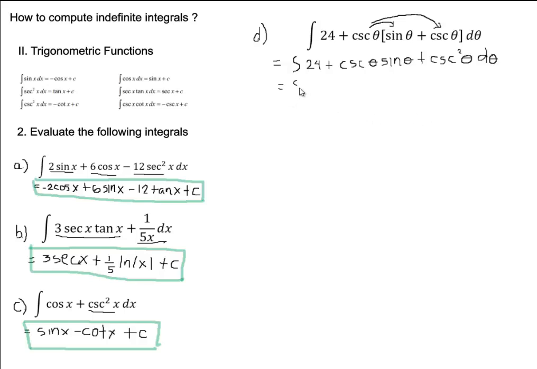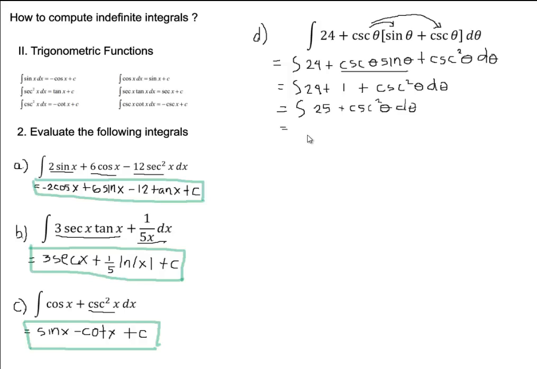Simplifying the second term, so we have 24 plus, since cosecant is equivalent to 1 over sine, therefore cosecant theta sine theta is equivalent to 1, plus cosecant squared theta d theta, equivalent to integral of 25 plus cosecant squared theta d theta.